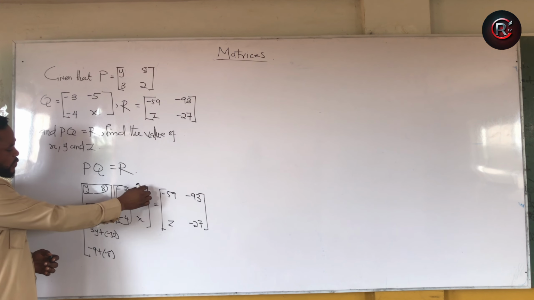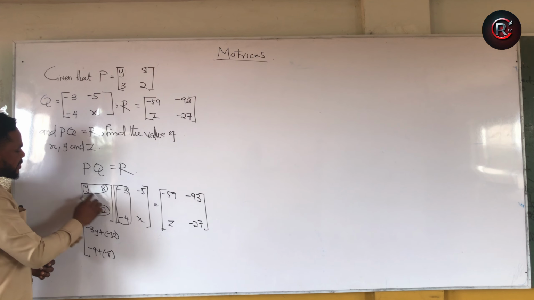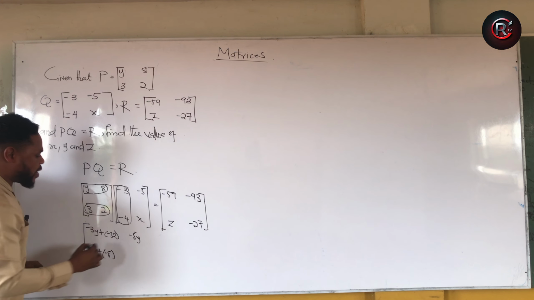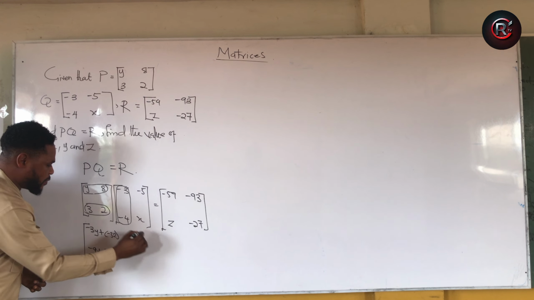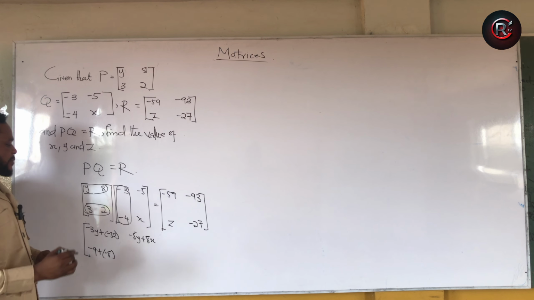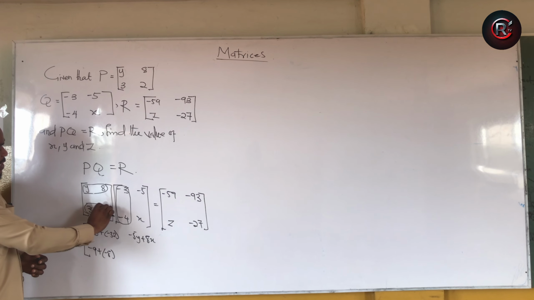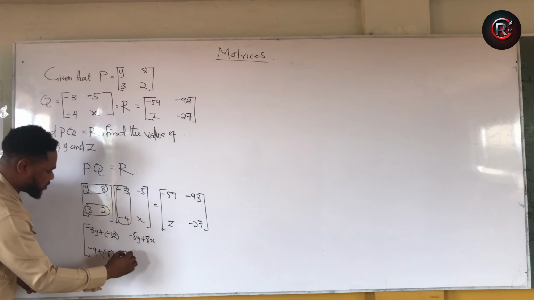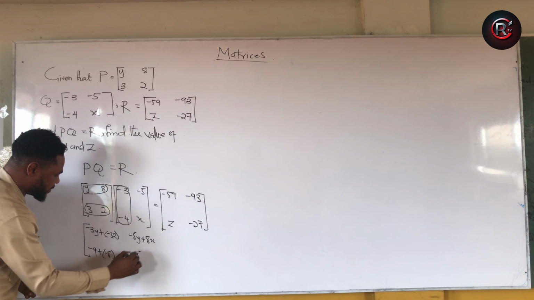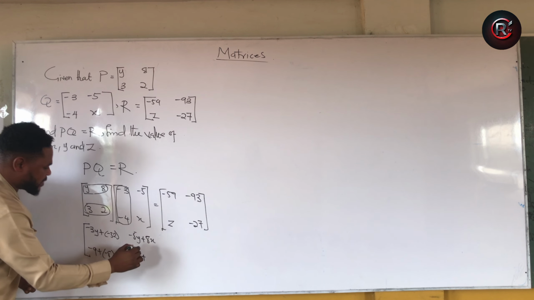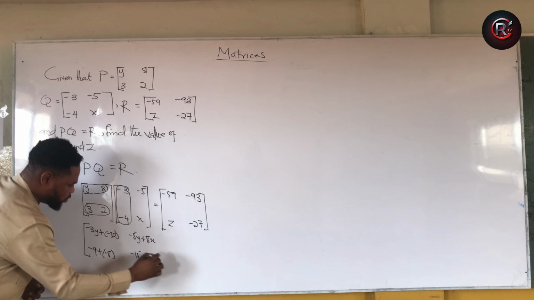All right, so we are done with that, and now we move to the next column. We take this row also by this column. So y times -5 will give us -5y, plus this times this will give us 8x. Nicely, we pick the down row to multiply this, and this times this will give us -15, plus this times this, which will give us 2x.